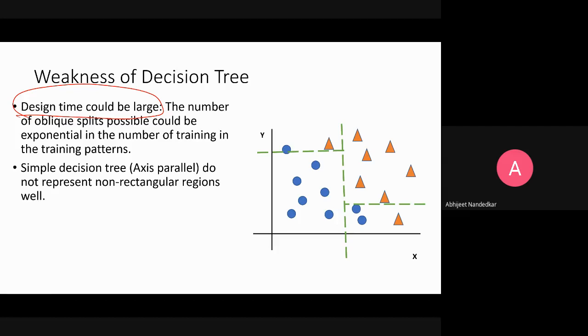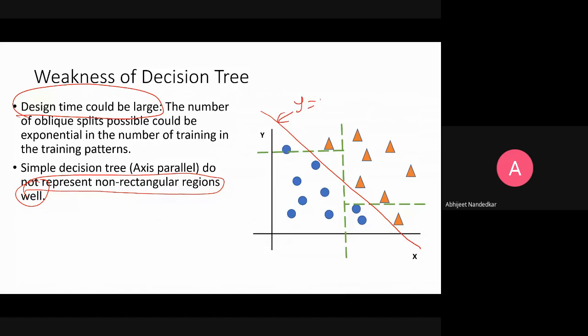How do you split your data is again an issue, and where to split, how to split is again an issue. Also, simple axis-parallel decision trees do not represent non-rectangular regions. So that is another problem. Say you can see this data, which is actually possible to split using one line, which is this one.